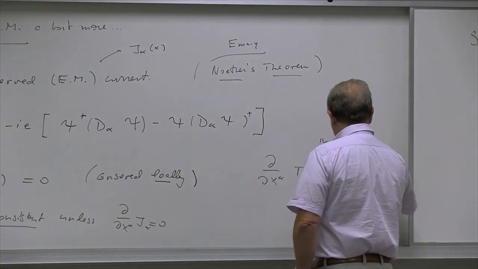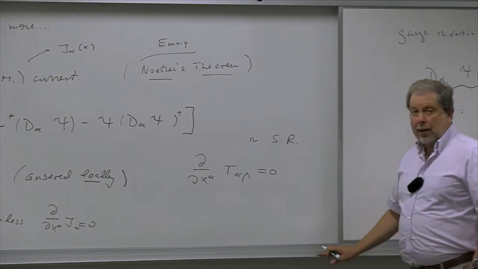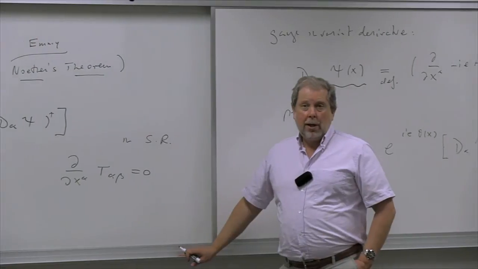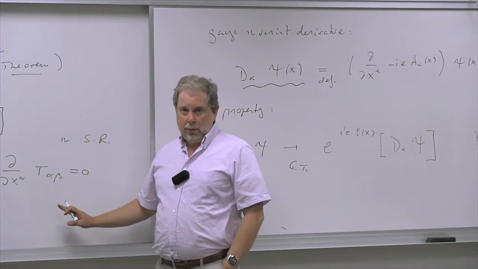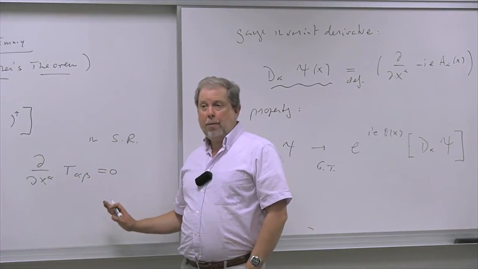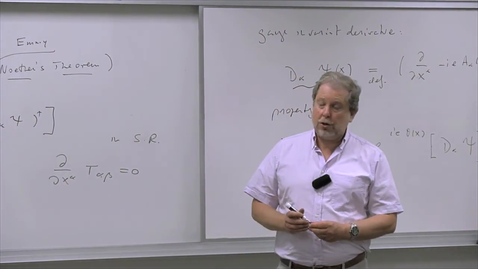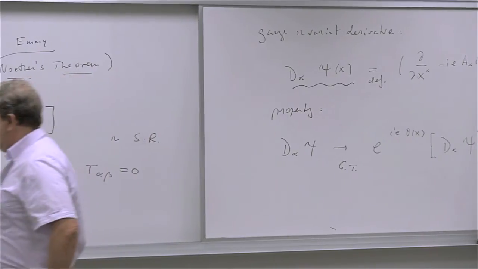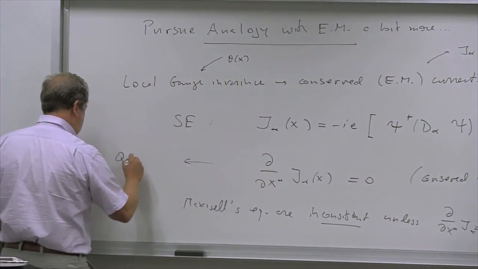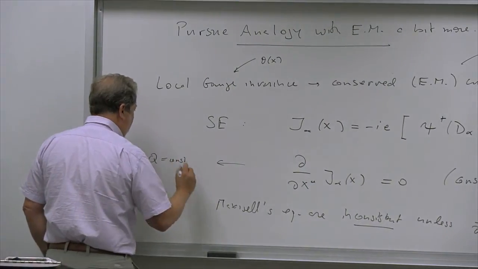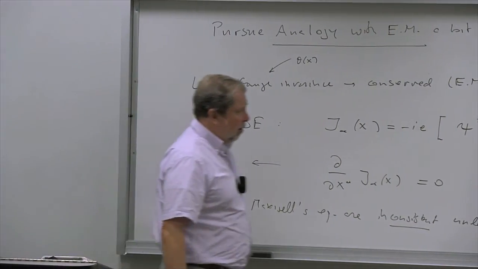So in special relativity, we had that this tensor was conserved. And as a result of that, the naught component, which is the total energy and momentum, are also constant, just like the charge is conserved here, right? This equation implies that Q is equal to constant. Its time derivative is 0.